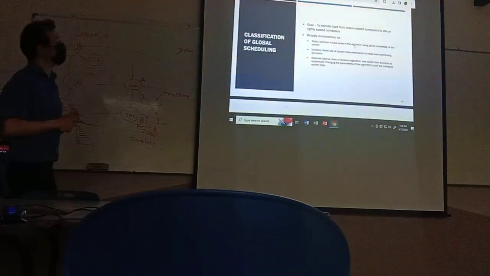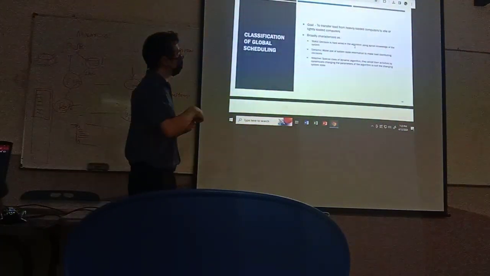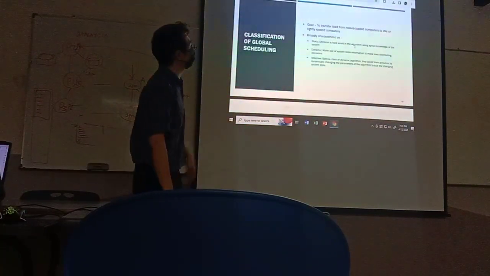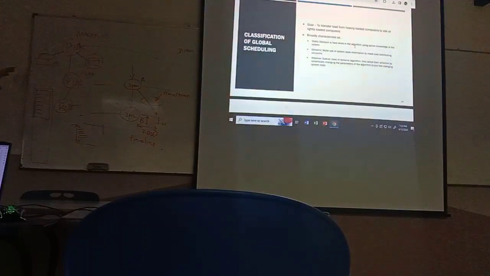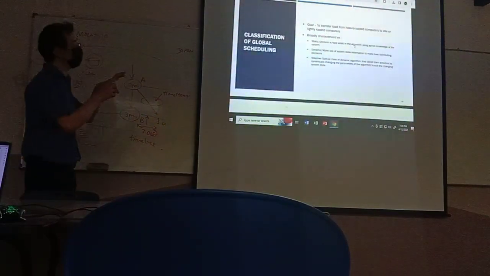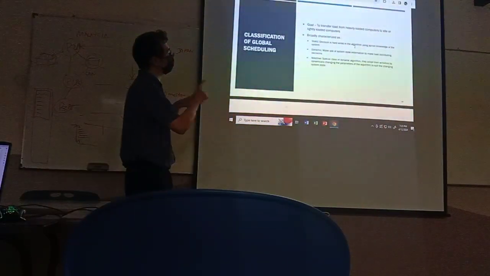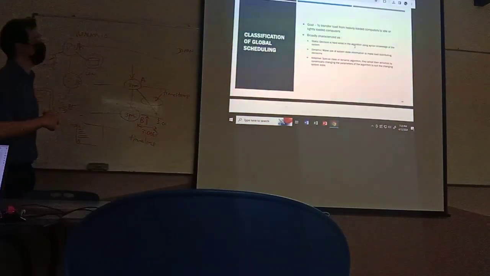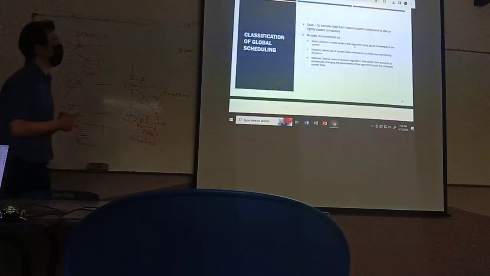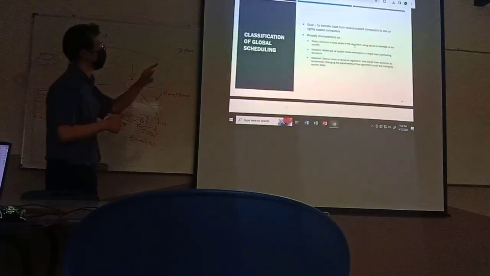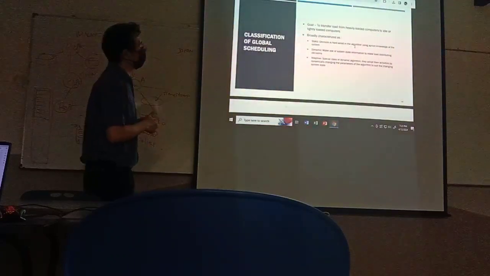Another decision to decide when to do the transfer is dynamic. You make use of information. You look at whether the CPU is overloaded. Once the CPU is overloaded, you initiate by transferring some of the load to the idle computer. The last one is adaptive. The adaptive one is basically the same as dynamic.